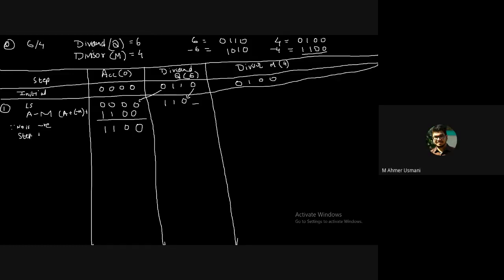The step is unsuccessful. If the step is unsuccessful, the quotient bit will become what? 0. Therefore, the Q bit will be 0, and restoration will be performed or not performed? Restoration is required.